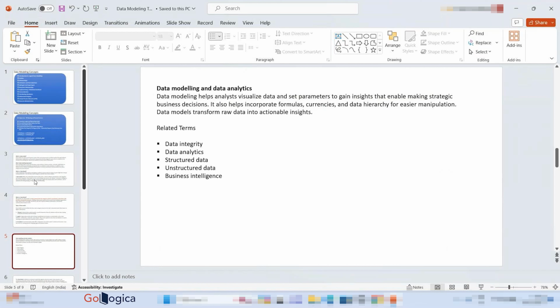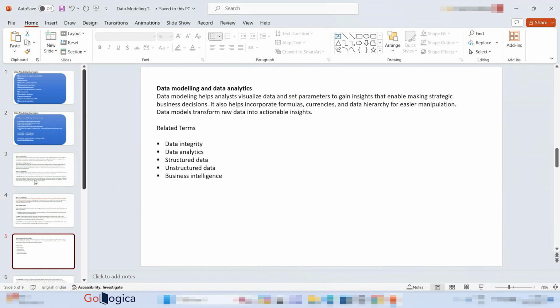But a data model helps the analyst visualize data sets with better insights. And the terms we have written down, data integrity, data analytics, structured, unstructured, business intelligence, all come as part of data modeling.